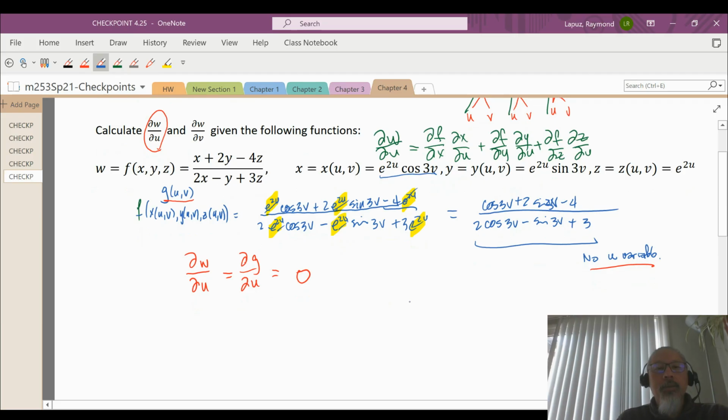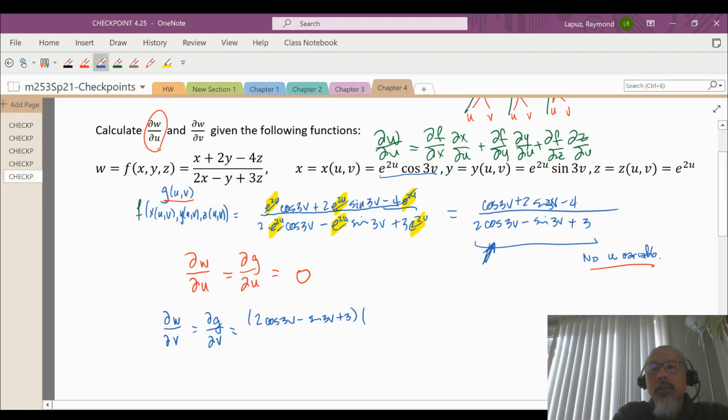In any case, we still have to find the derivative of w with respect to v, which is essentially the derivative of this new function that we found with respect to v. So let's take the derivative of that with respect to v. It looks like a big quotient. And so that would be the low, that's 2 cosine 3v minus sine 3v plus 3.